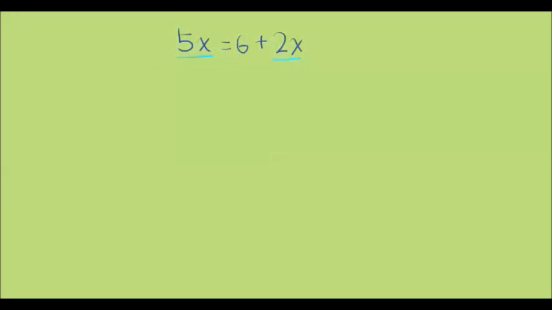Basically, I want to put all the variables on one side of the equation and all the constants on the other side. So let me draw a line to separate the constants and the variables. Let's say I want the variables on the left and the constants on the right. You don't have to do that, but I'm just demonstrating how to use this concept.